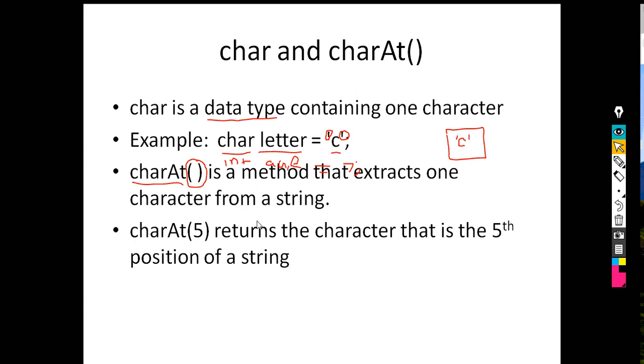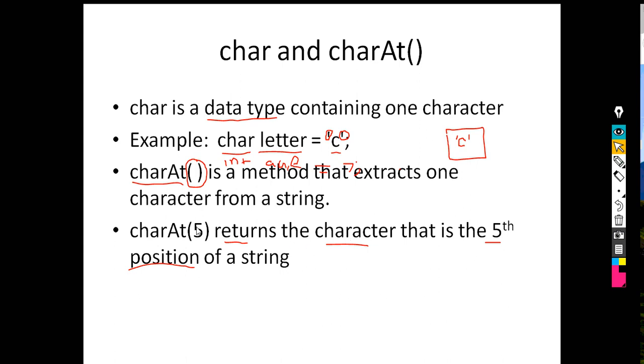So charAt 5, and we're going to demonstrate this in a second so it'll make sense at that point, but if we have charAt 5, that means it returns the character that is in the 5th position of a string.